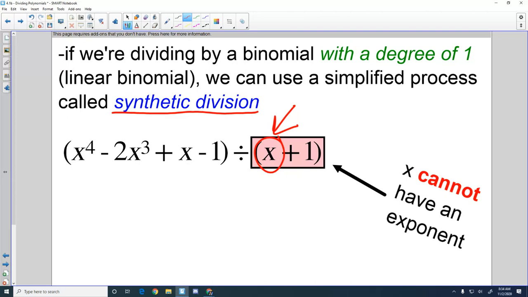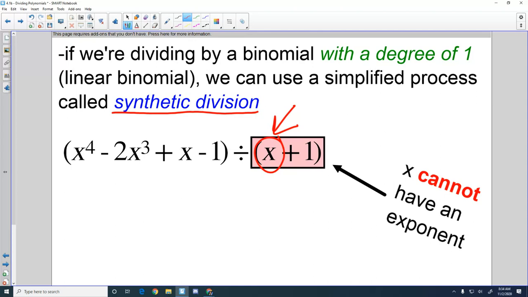Synthetic clothes. Something that's synthetic is fake or manufactured, created. So this is actually called fake division, everybody. You know why? Because we don't actually divide at all with this process. We just multiply and add, but there's no division. So this is called synthetic division. We actually don't even use the variables. It's crazy.